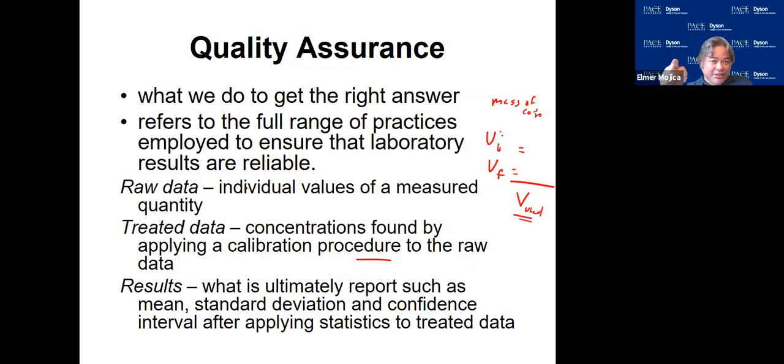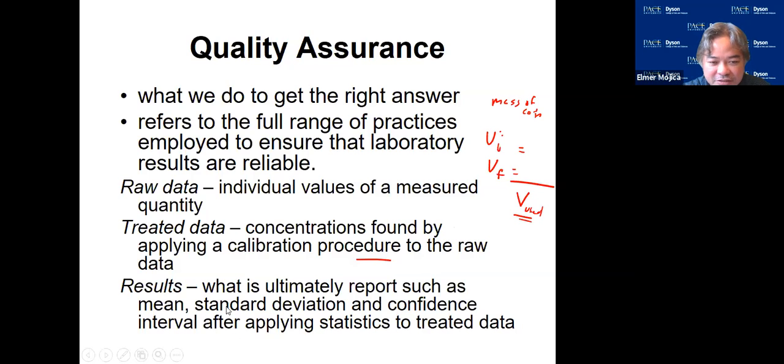Raw data is what you see in the mass of the sample that you get from the balance. Raw data is what you see: what's the volume of the liquid initially in your burette, and what's the volume of the liquid in your burette after you add some of the liquid to your sample.